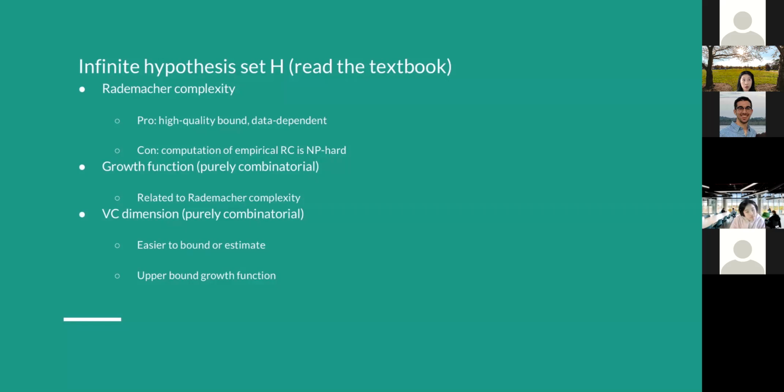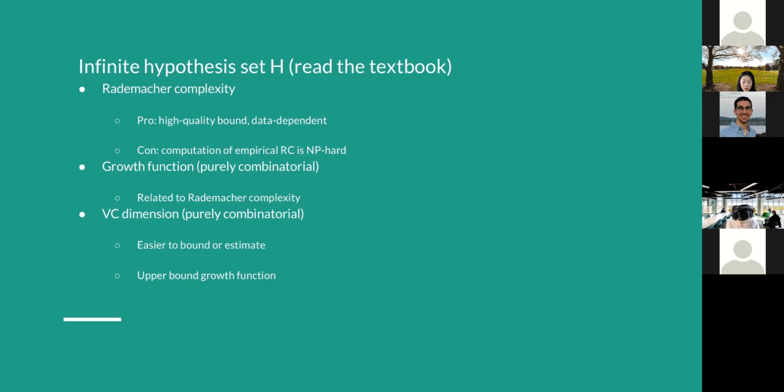You can read the chapter in your textbook. I will not cover the covering number, for example, but with an understanding of the Rademacher complexity, growth function, and VC dimension, you should be able to easily understand the covering number argument. Okay, so the ideas are very similar.